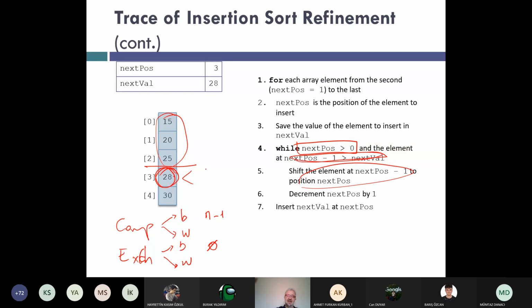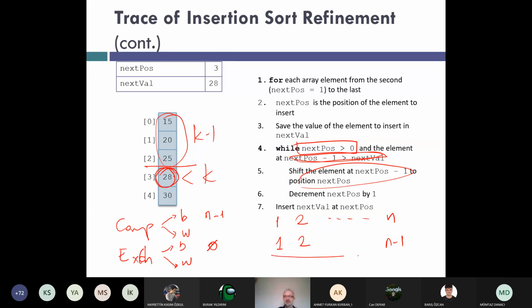If we are at the kth iteration, there are k minus 1 elements here, right? So in the first iteration, we have one element. In the second iteration, we have two elements. In the nth iteration, we have n minus 1 elements.